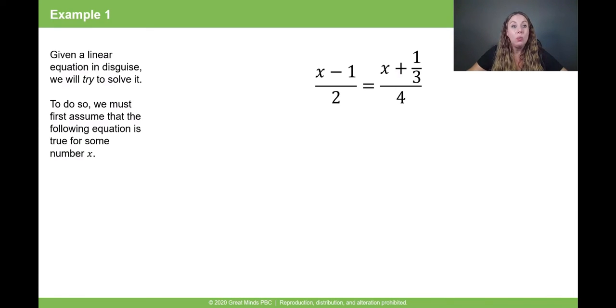For that reason, we will cross multiply the denominator of the first fraction by the numerator of the second, and the denominator of the second fraction by the numerator of the first, which gives us 2 multiplied by the quantity x plus 1/3 equals 4 multiplied by the quantity x minus 1.